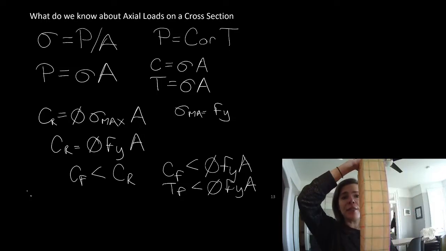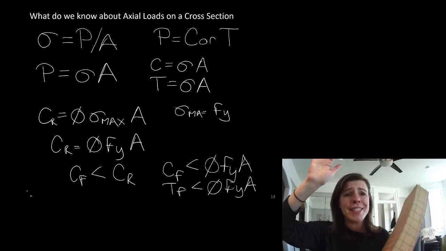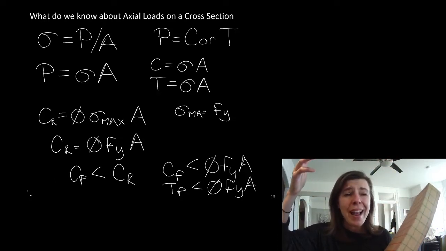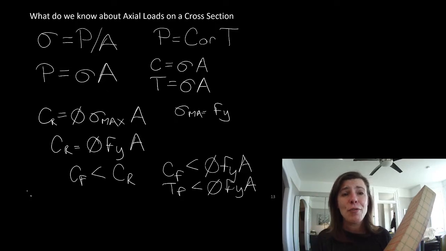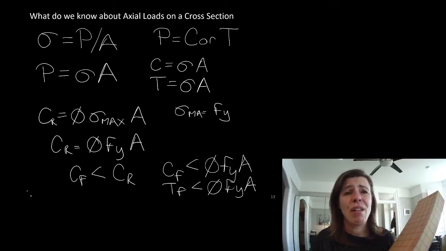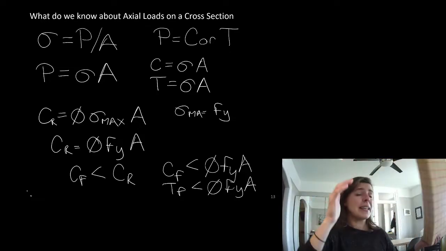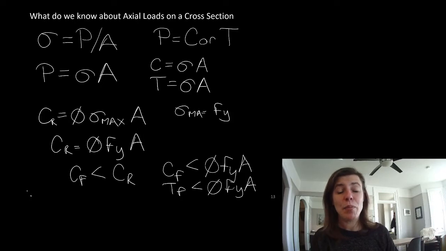But compression isn't going to be that simple. I'm sorry, tension's actually pretty easy, but we don't use tension that often for our structural elements. All of our building comes down on our columns, so this phenomenon of buckling is going to be really, really important to us.